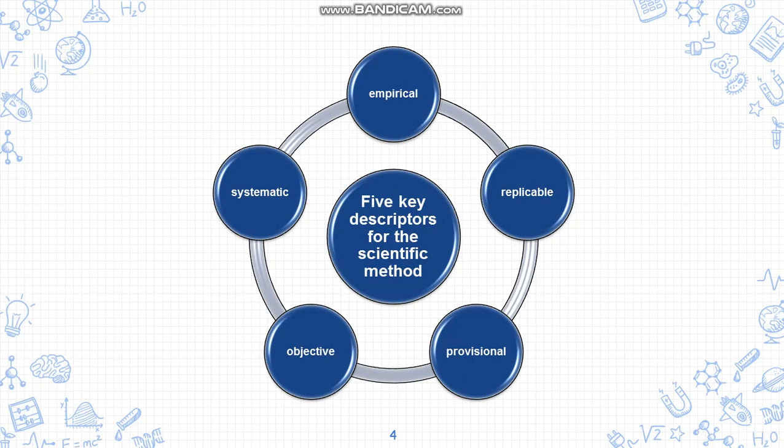And there are 5 descriptors for the scientific method, 5 main features which describe scientific method. The first one is empirical. What does it mean? It means that the scientific method is empirical.